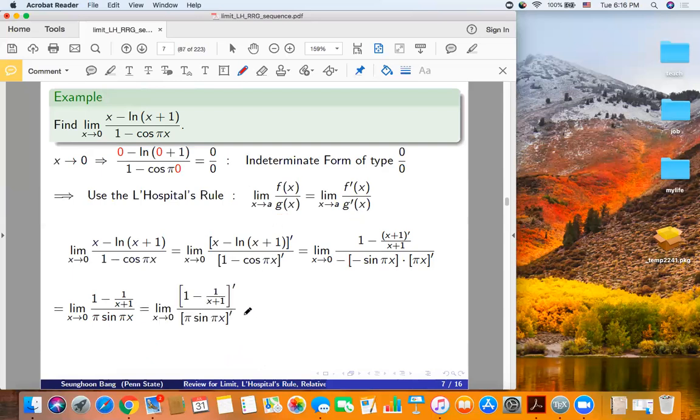Here, the derivative of 1 is 0. For negative 1 over x plus 1 prime, you can use the quotient rule.